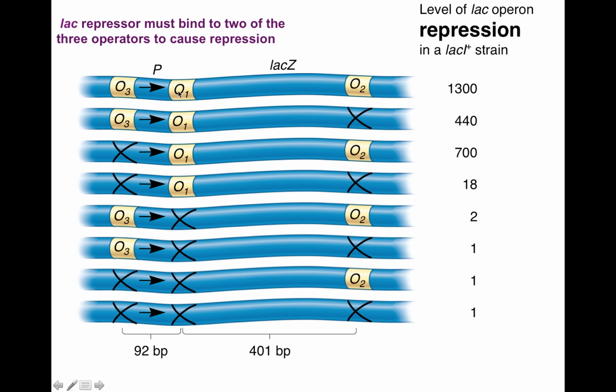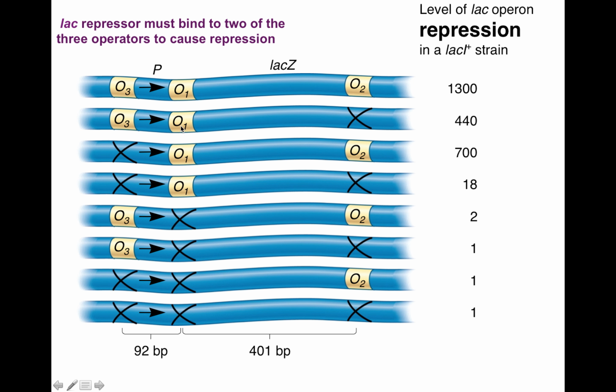Here is the diagram, the 3 different operator sites in the operator region of the Lac Operon. Here is our LAC-Z gene. Here's the promoter. Here is one of the operators. Here's the second operator region, and here's the third operator region. So although we usually diagram the operator region as just downstream from the promoter region, where the -10 and the -35 sites are, and RNA polymerase will bind, it's actually broken into 3 different sites.